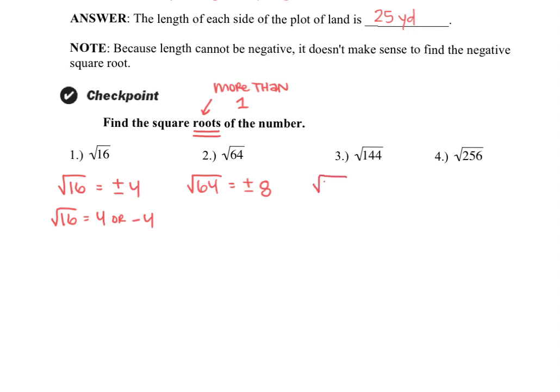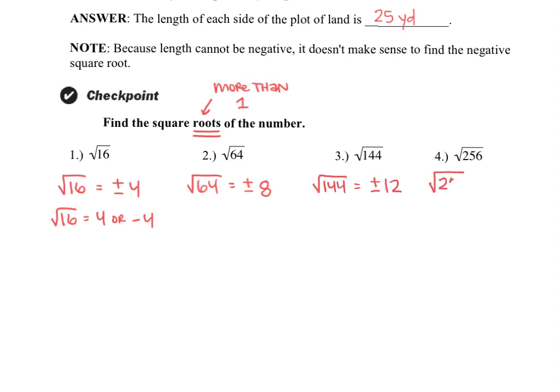Now I have to be smarter than my calculator to know that it's not just 12, but it could also be negative 12, so it's plus or minus 12. Let's try that now with 256. So hit the second button and then the x squared button, type in 256, close the parentheses, and we get 16.